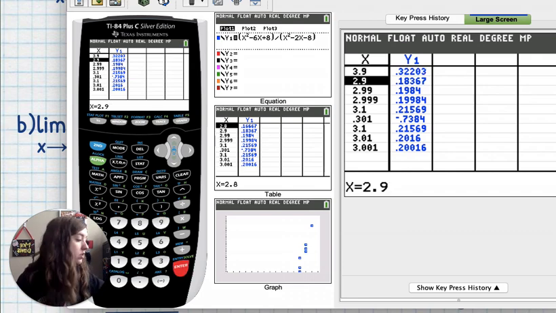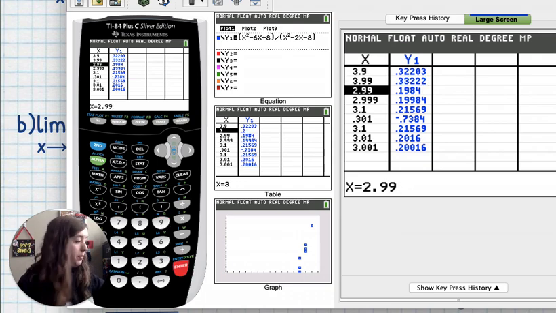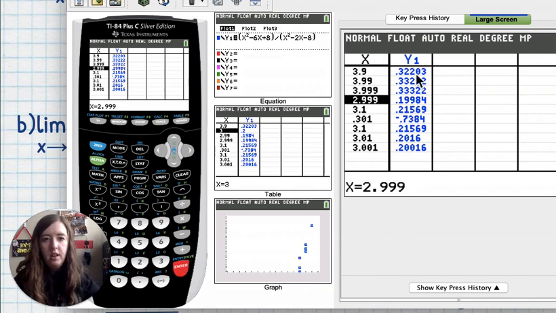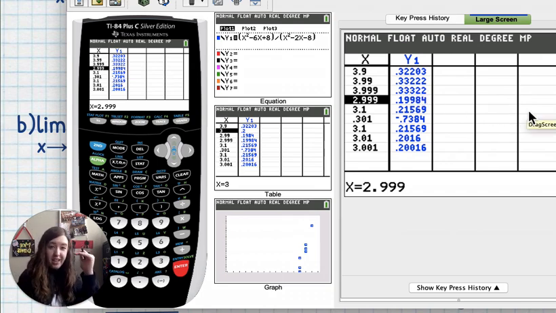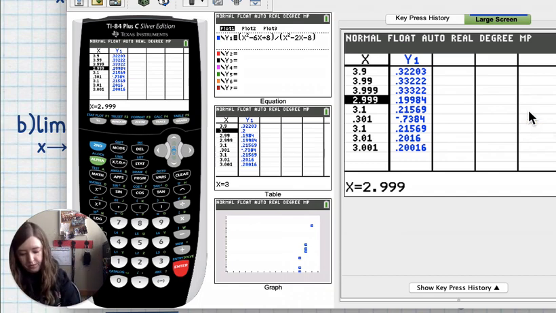A little bit closer to 4 is 3.99. A little bit closer to 4 is 3.999. So we're getting 0.322, and then 0.332, then 0.333. So every time we're getting a little bit closer to 1/3, or 0.3 repeating.